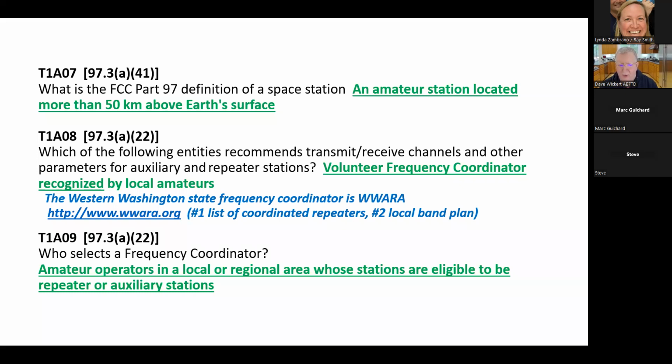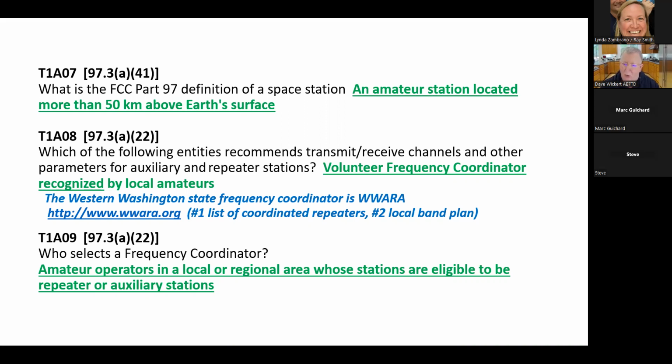In addition to a list of coordinated repeaters, a frequency coordinator will also have a local band plan. You saw a rough band plan that the ARRL put together, which is that colored allocation chart that I asked you to download at the start of the class. That's kind of the generic one, what the FCC has identified.